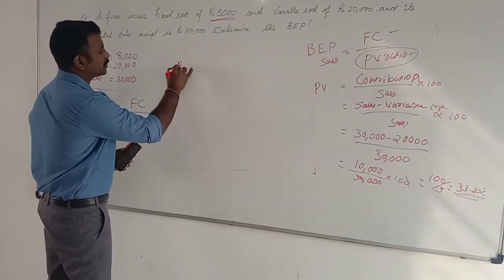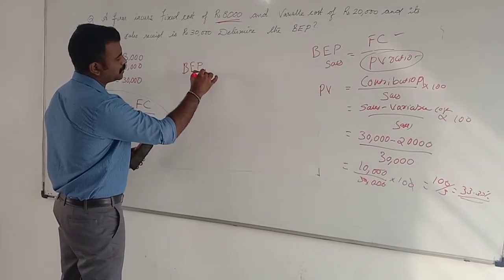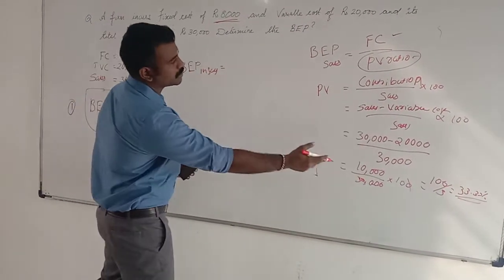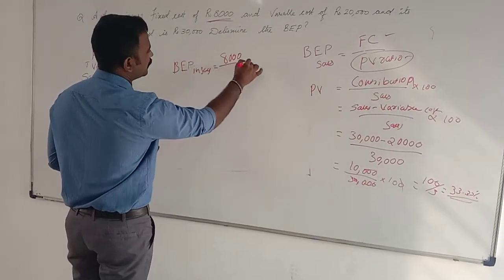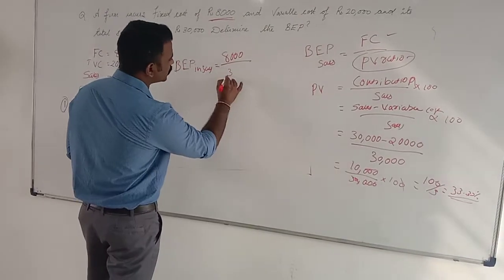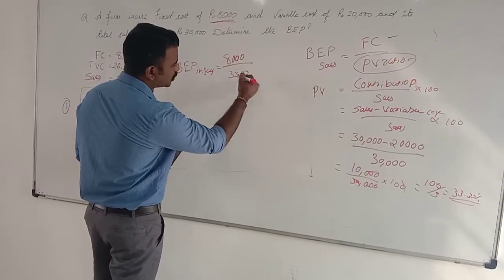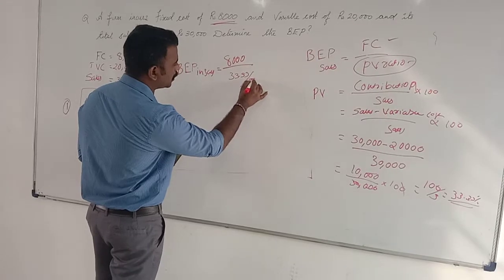So break-even point in sales, BEP in sales: we substitute all these factors in this equation. Fixed cost is 8,000 rupees divided by PV ratio 33.33 percentage. Percentage means divided by 100.